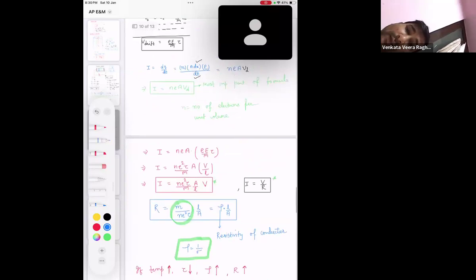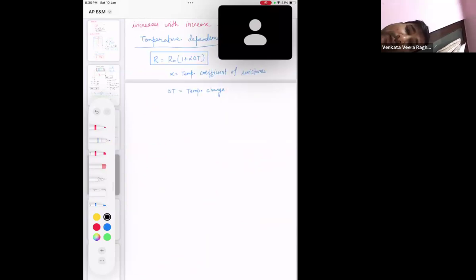What is the current we have got? N E A into drift velocity. Can you tell me what this current per unit area is? NEVD. This is called J, the current density.